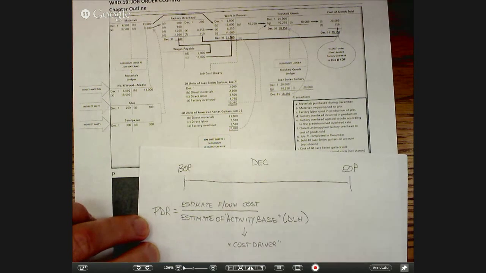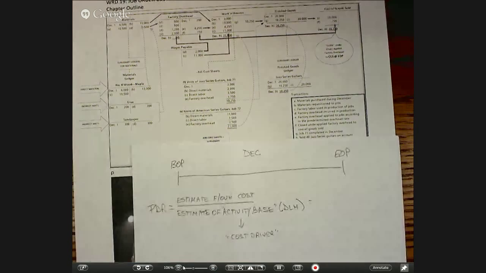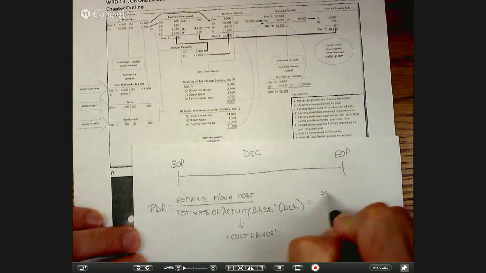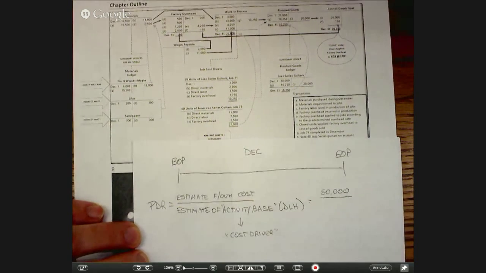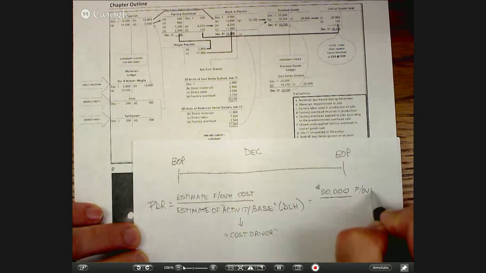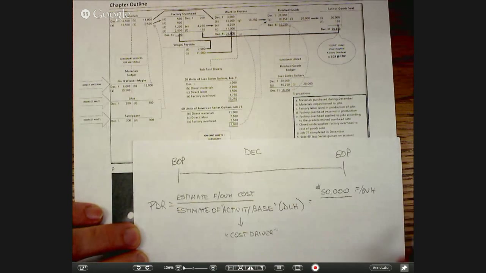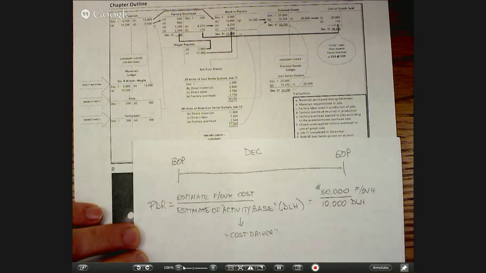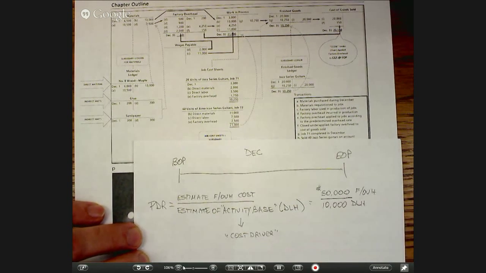So for the Washburn Guitar Company, the factory overhead rate is shown to you on page 879. And for the month of December, at the beginning of the month, the Washburn management believed that there would be $50,000 of factory overhead costs that would be incurred, and they believed that they would work a total of 10,000 direct labor hours during the month.